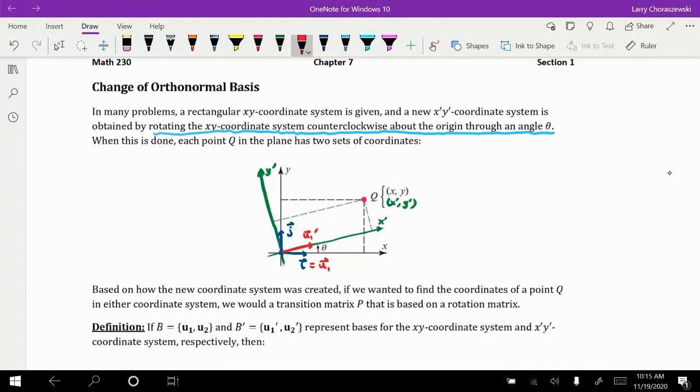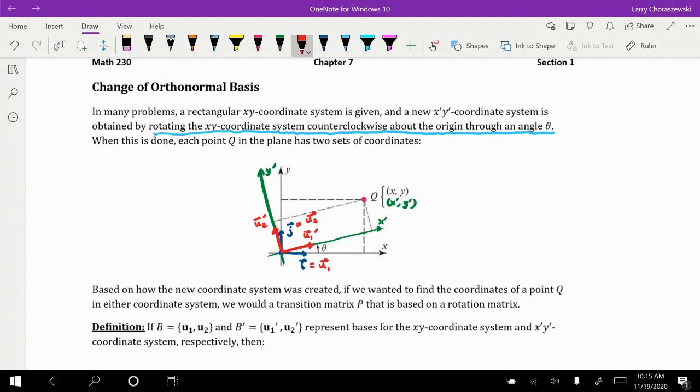And then when you rotate the vector j, which you can be a little more general with, calling that u2, it turns into a different basis vector, namely one for the x prime, y prime coordinate system, and that would be u2 prime. So long story short, we're going to want to be able to go back and forth between an xy coordinate system and an x prime, y prime coordinate system.